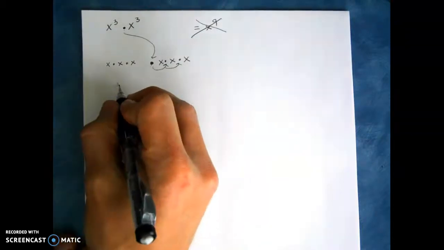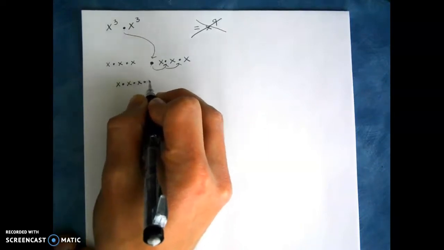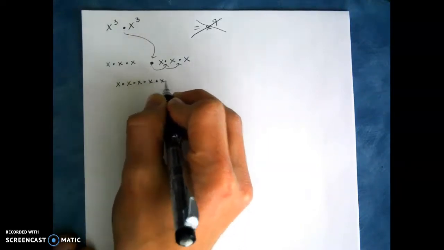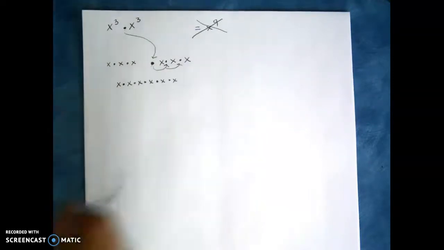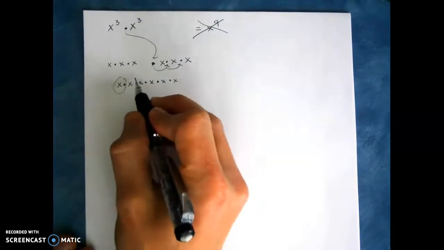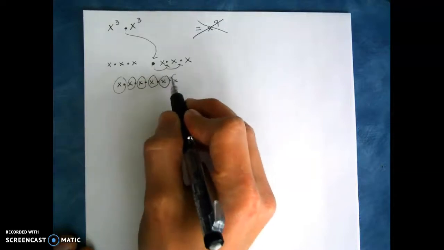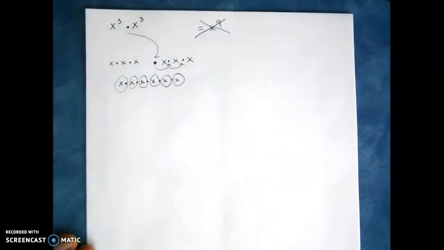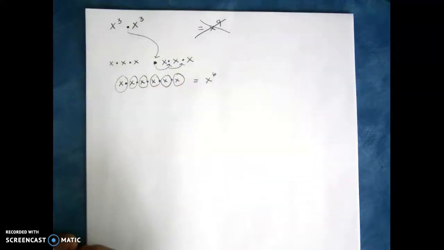So I'm going to write it like this. So now I just pushed all of them together. Well, how many x's do we have? We have 1, 2, 3, 4, 5, 6. So what's our answer? Our answer is x to the 6th.